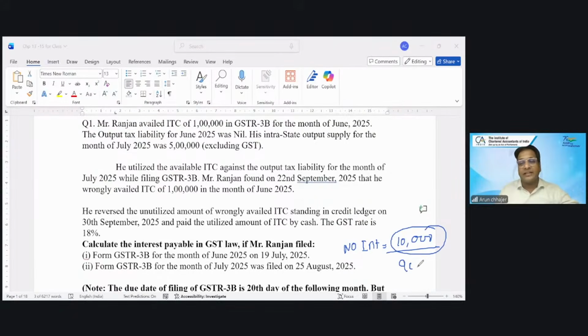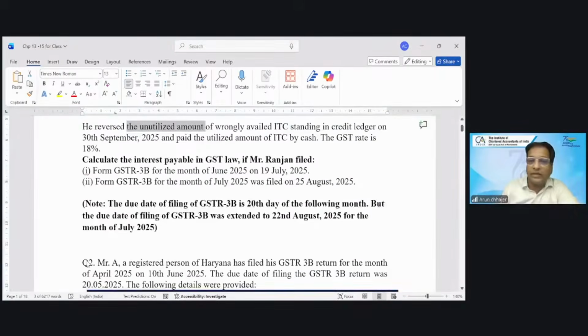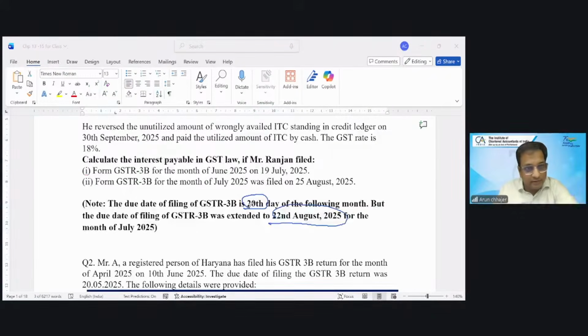Now talk about 90,000. The return was filed on 25th August. What is the due date of the return? Which is extended to 22nd. See, normally 20th is the due date. So for GSTR 3B for July, which was ideally 20 August, but which has been extended to 22nd August.